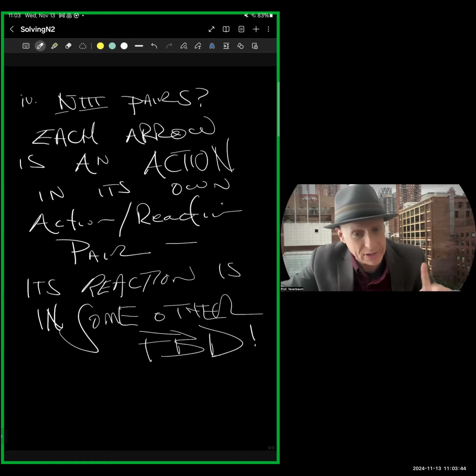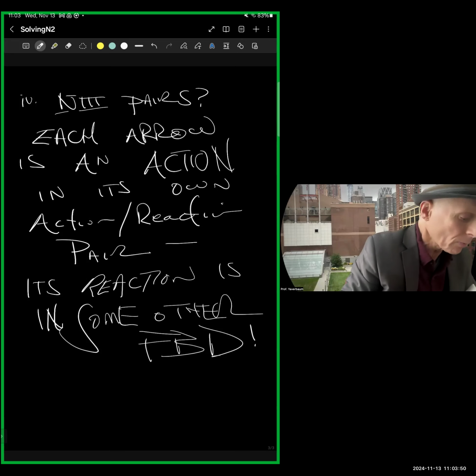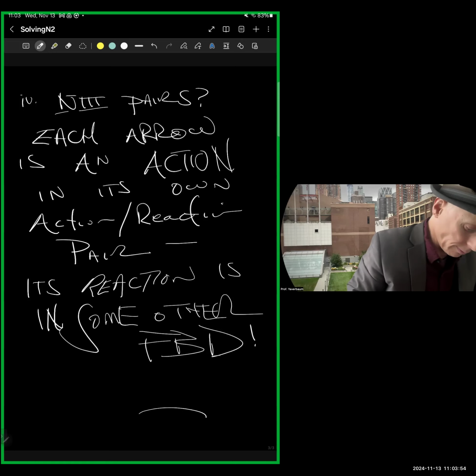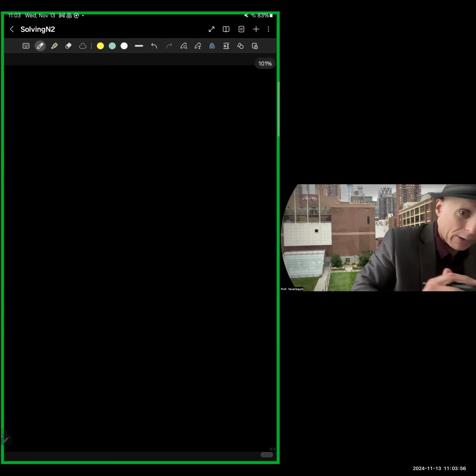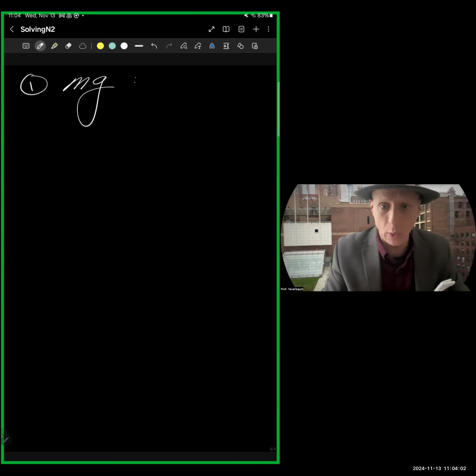That's why in your original system schema, you have lines, not arrows. I'll show you what I mean. I look at one arrow here. I go one arrow at a time. First, the arrow that's labeled mg, like gravity, weight, right? What's going on there?